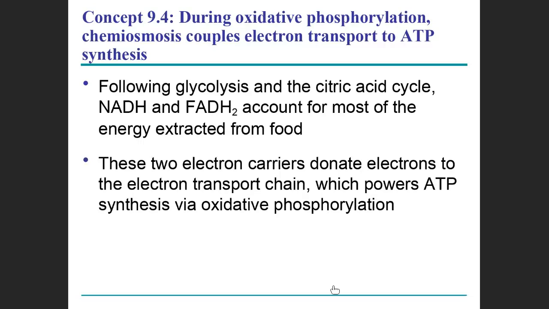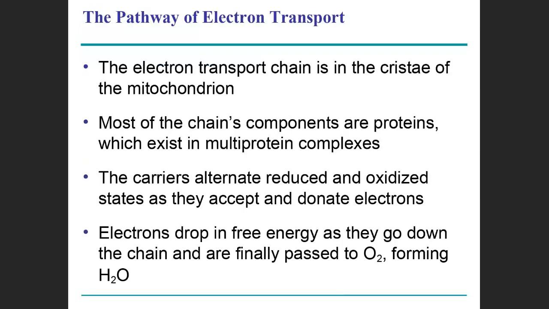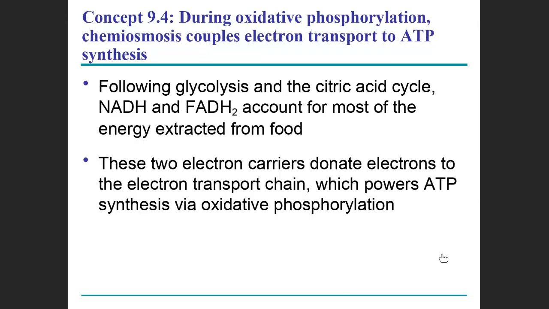So we're gonna stop here for today because that's a lot. And so we'll finish up this tomorrow and talk about the electron transport chain and chemiosmosis and how the cell makes most of its ATP. We'll also look at fermentation as our only form of anaerobic respiration we're going to talk about.